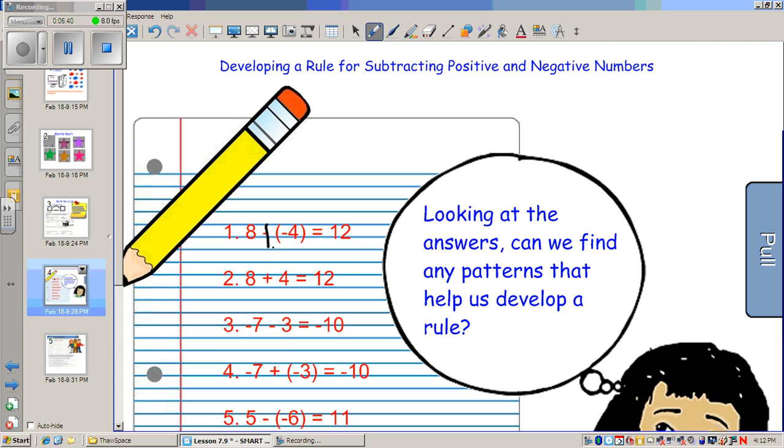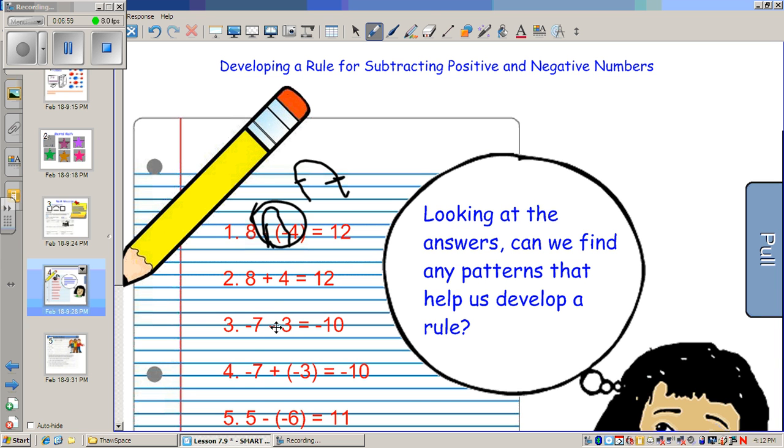Again, this is where I talked about those double negatives, and then they become positives. So 2 negatives like this in a row become positives, and that's how I draw my little line. So that's why it's 12. 8 plus 4 is 12.